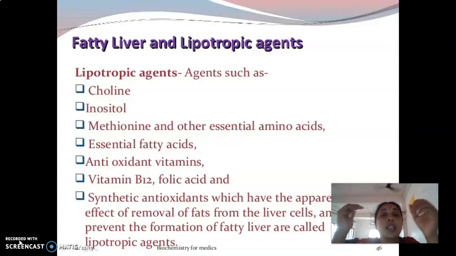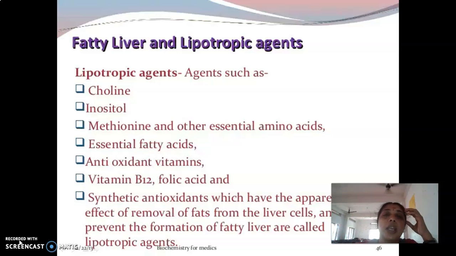But when there is excess accumulation of fat, the fat droplets infiltrate into the cell and occupy the majority of the cytoplasm, pushing the nucleus towards one side, finally resulting in the bursting of the cell, right? So this makes the cell dead, and such a cell we call a fibrotic cell. It cannot carry out the normal function. When the fibrosis extends, it results in the condition known as liver cirrhosis.